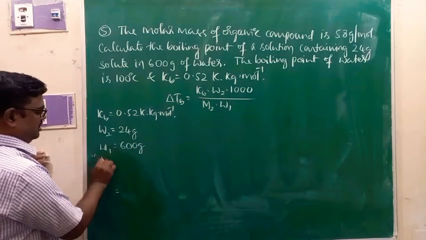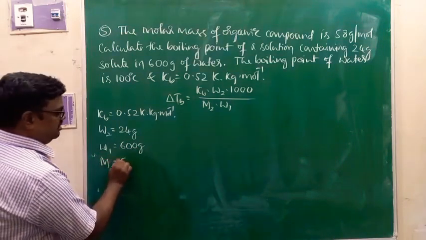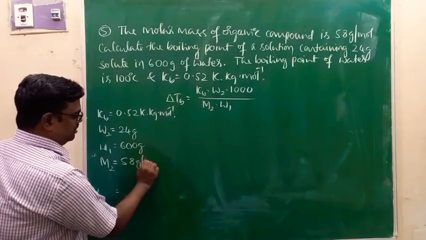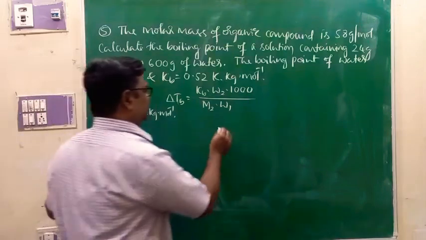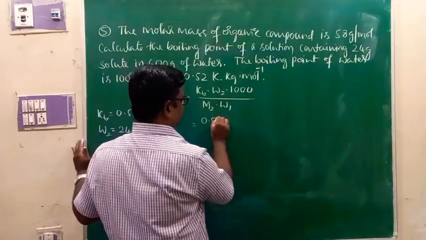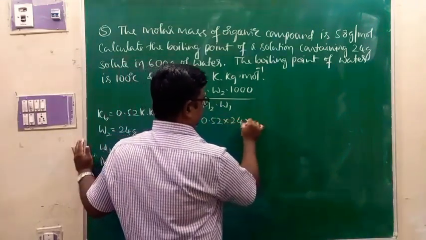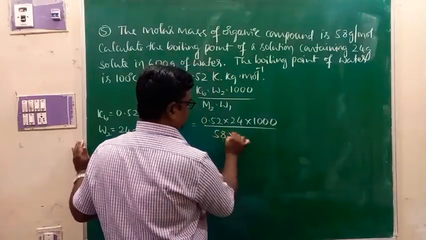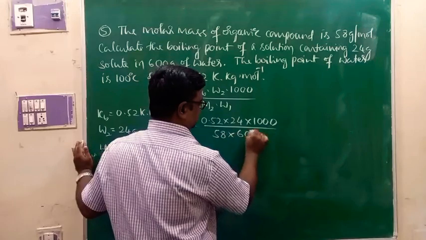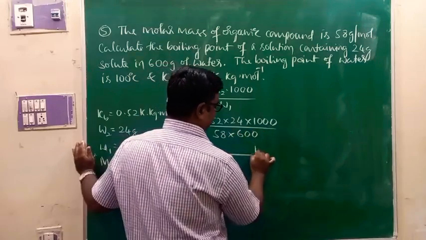Then molar mass of solute is 58 gram per mole. Then substitute all these values. 0.52 into 24 into 1000 divided by 58 is the molecular mass, and of course 600. And of course you are going to get the answer in kelvins.